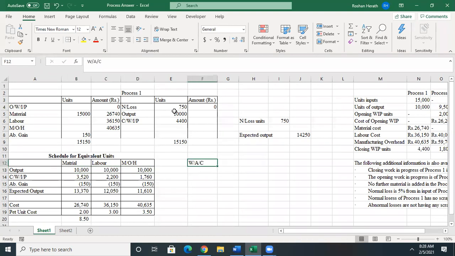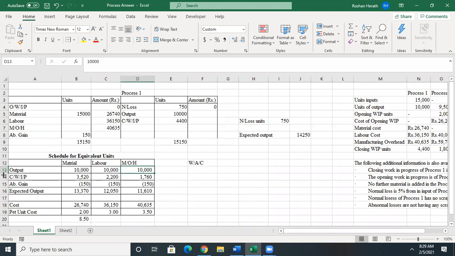In the weighted average cost method, we do not bother whether we have the opening WIP units here and the unit is started and completed over here. We do not make a distinction in the output. But when it comes to the equivalent unit, we do bother about that, so we are going to distinguish them.